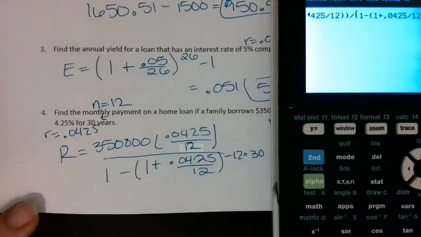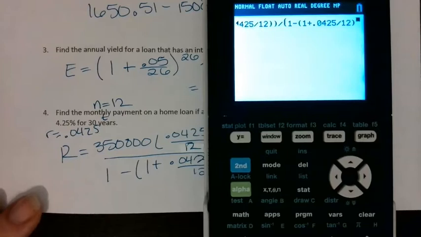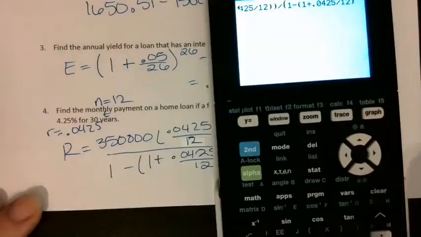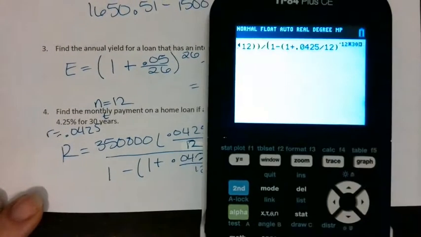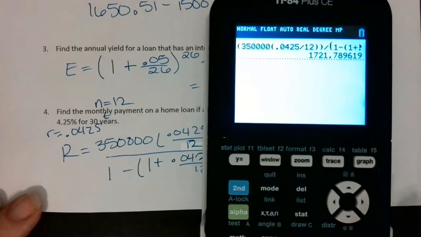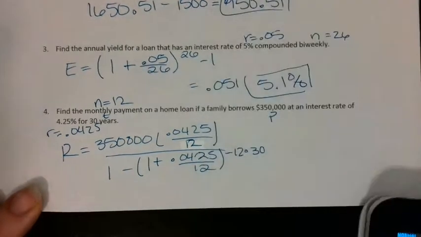Raised to the exponent, and ooh, this is kind of off the screen. If I was on an older calculator, I'd want to make sure my exponent was in parentheses. Negative 12 times 30. That's not on the screen. Okay, so their monthly payment is $1,721.79.